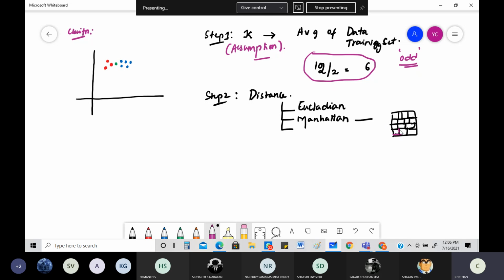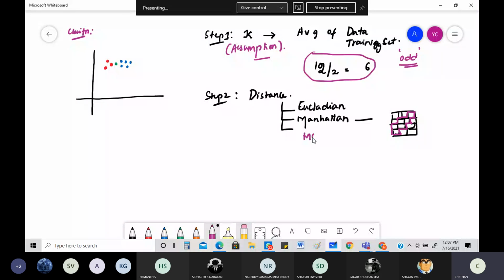You generally figure it out like this, right? The distance measure used for that is the Manhattan measure. You don't have to worry about all these things. It is not in the syllabus. I'm talking in general.